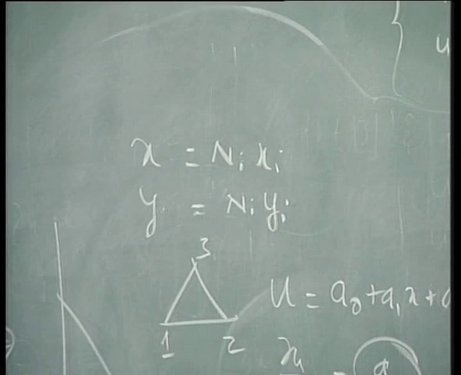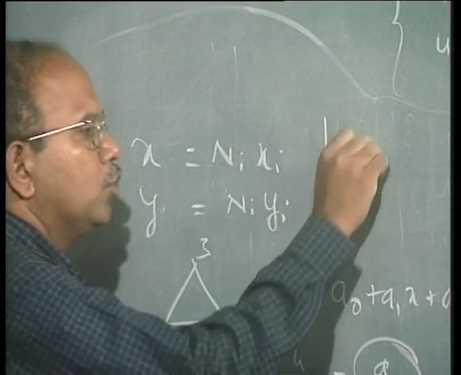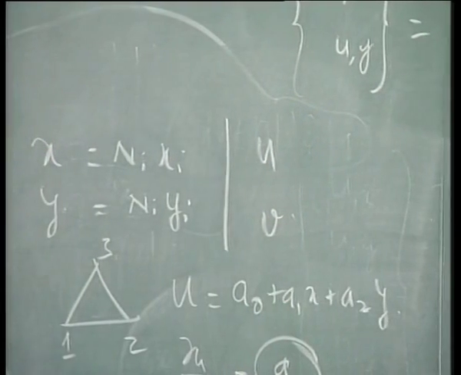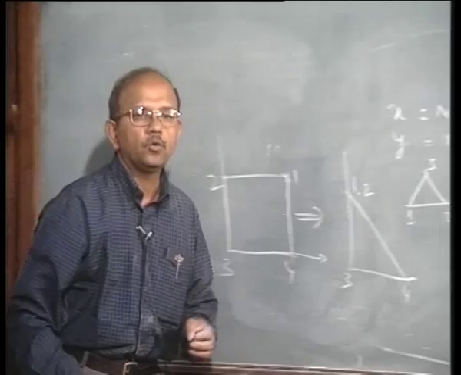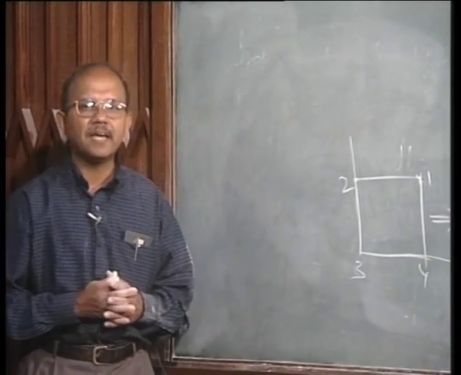Is that all? No, because we are using isoparametric formulations, and hence we have similar values for u and v as well. So u and v are again written, and this collapsing exercise is done there as well.